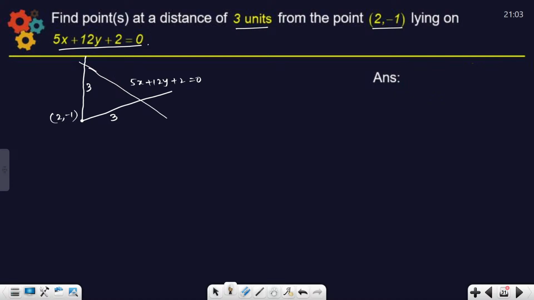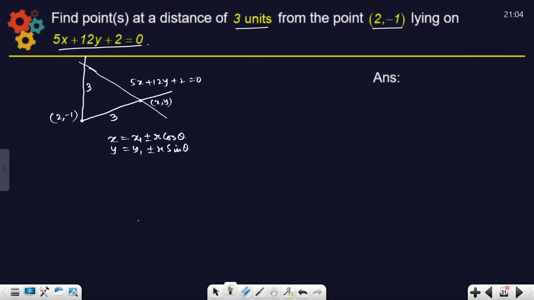So what I will do? Simple stuff. Very simple thing. Let us say this point is (x, y). If this is (x, y), what will this point be? From the parametric form, x is x1 plus minus r cos theta, and y is y1 plus minus r sin theta.